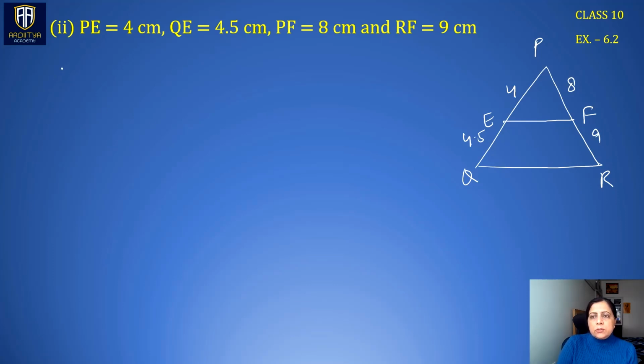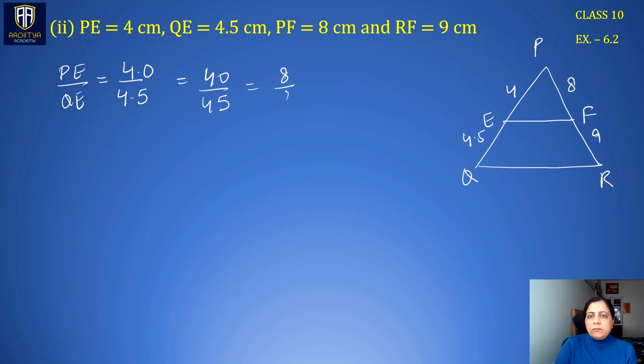So we check for the ratios PE upon QE. PE is 4, QE is 4.5. So how can we solve this? I'm writing it as 4.0 upon 4.5, multiplying numerator and denominator by 10, it becomes 40 by 45. So 5 8s are 40, 5 9s are 45.